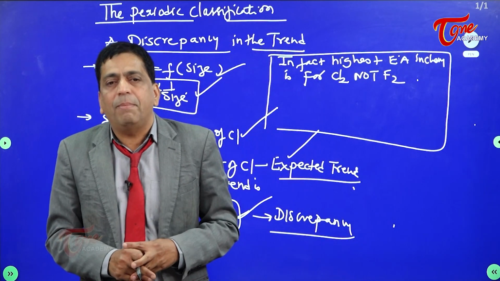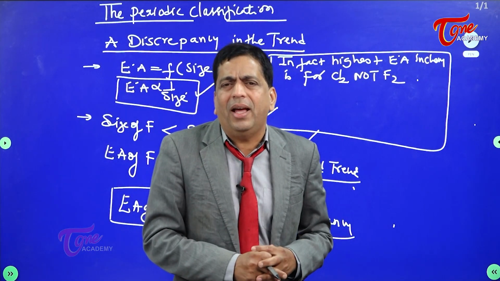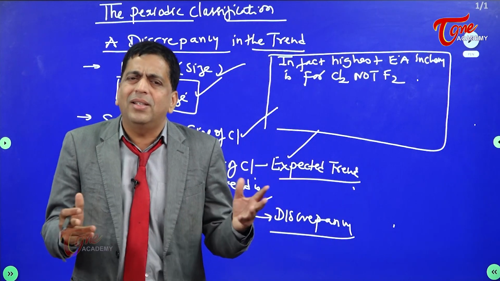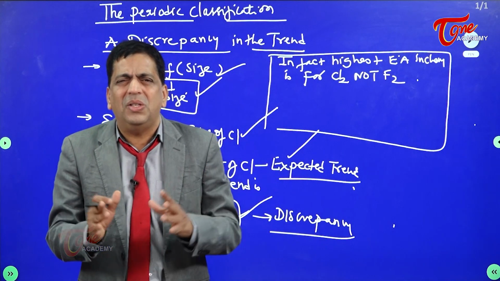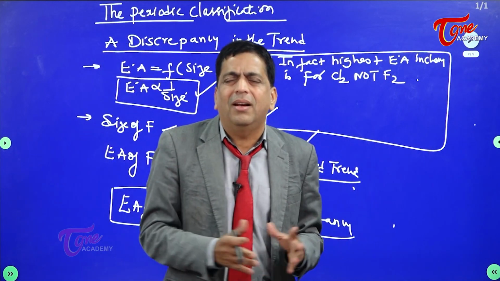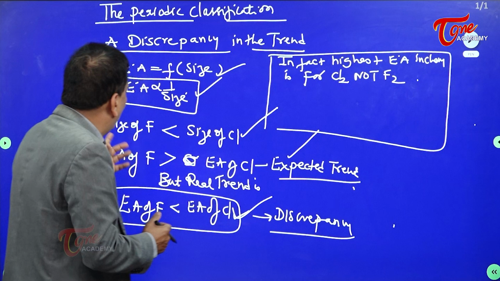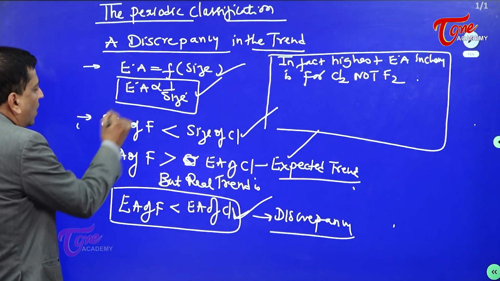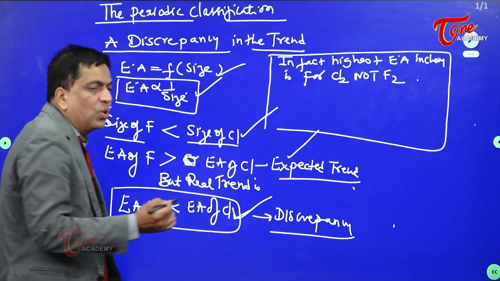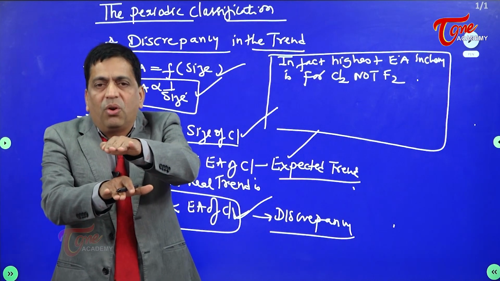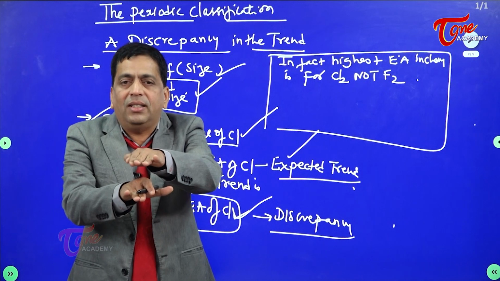Yes, of course, it should be inversely related to size. But one discrepancy will be there. I call it a discrepancy because it's deviating from the normal trend. It's one discrepancy, not everywhere. Only one discrepancy which we would like to mention. The size of fluorine is lesser than the size of chlorine, because chlorine is below fluorine in group 17, right?